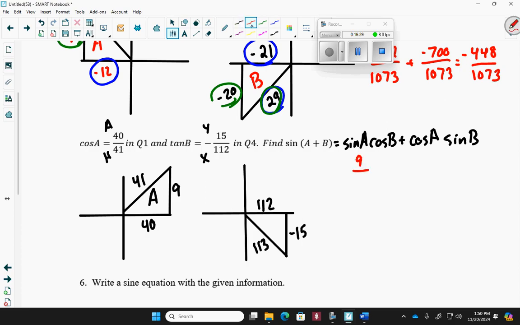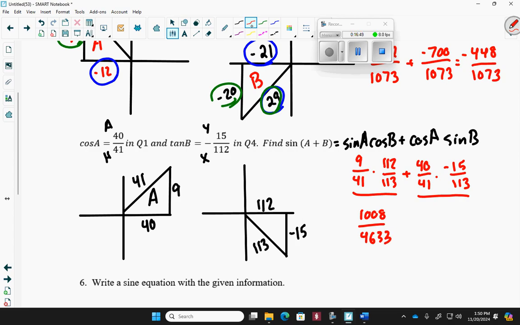That'll be 9 over 41 times 112 over 113 plus 40 over 41 times negative 15 over 113. Again, if you multiply these two pairs, you get 1008 over 4633 plus negative 600 over 4633. Final answer, 408 over 4633.